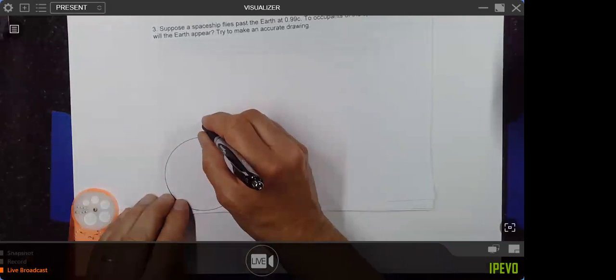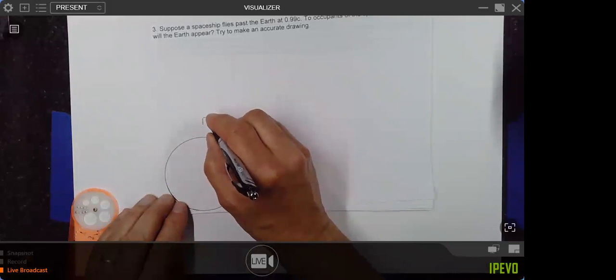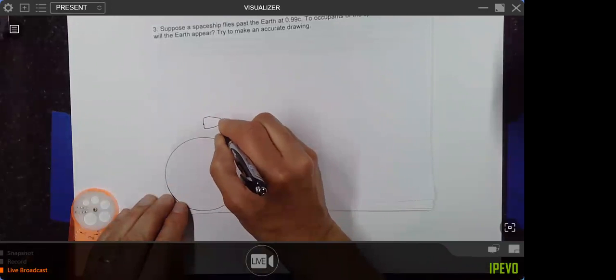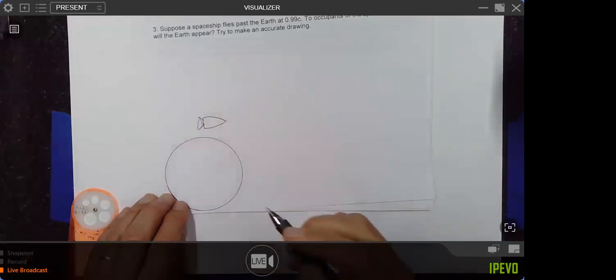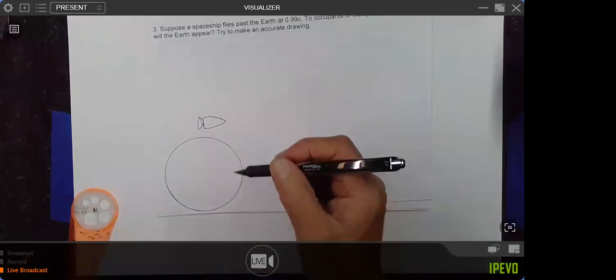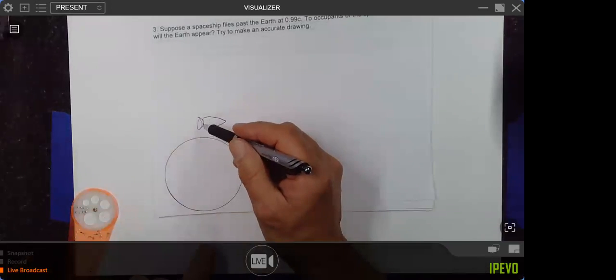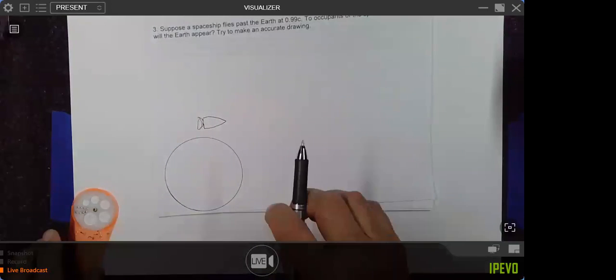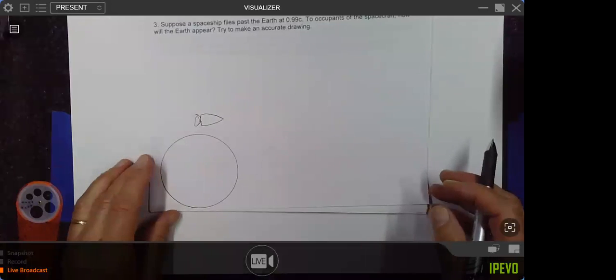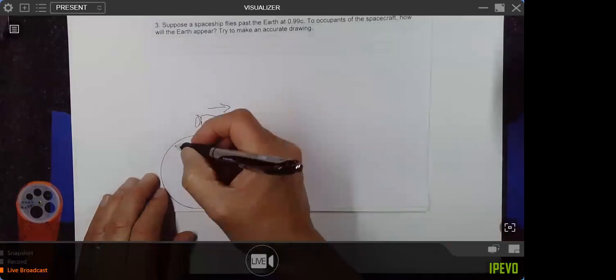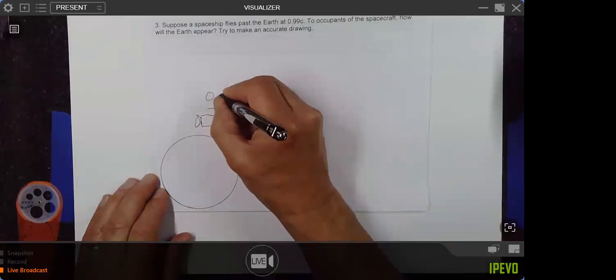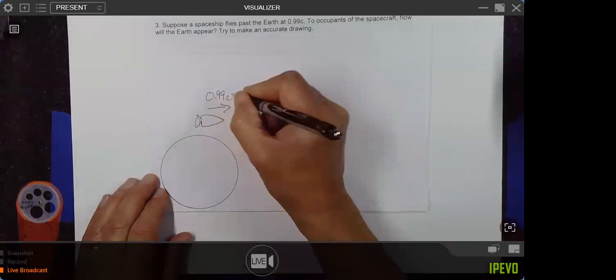And we'll imagine that there's a spaceship that's flying by here, and even though anything that's going to be going at relativistic velocities probably isn't going to have some big cone on the back to shoot projectiles out of, it's going to have to do something else. But this thing is moving with respect to the Earth at 0.99 c.